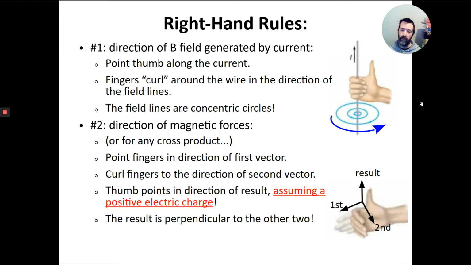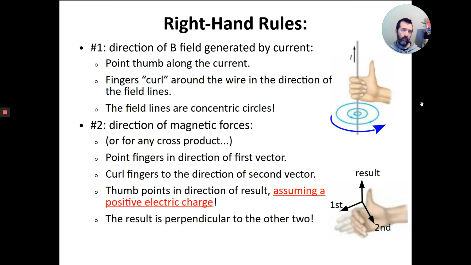So the idea is that, again, with your right hand, you start with your entire hand pointing in the direction of the first vector, whatever direction that is. And then you need to bend your fingers so that they are pointing in the direction of the second vector. And the order does matter here.